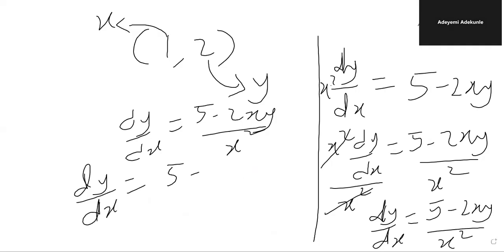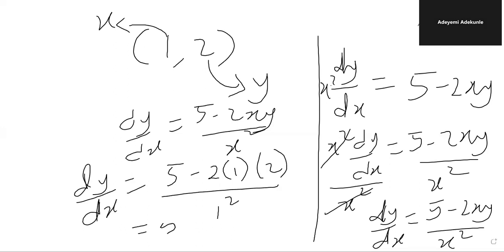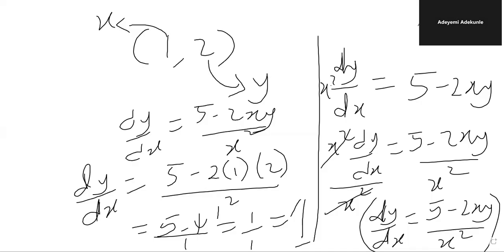That will be 5 minus 2 times 1 times 2 over 1 squared. And that will be 5 minus 4 over 1, which is 1 over 1, and that's 1. In case they ask what the derivative is at point 1, 2. But if they do not ask you to find the derivative at a particular point, you just have to stop here. Your dy dx equals 5 minus 2xy over x squared.